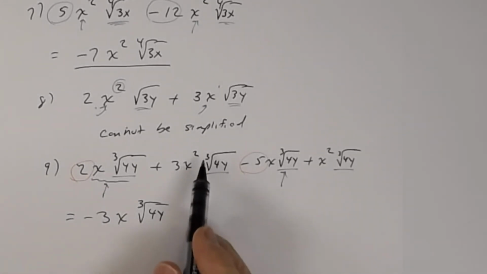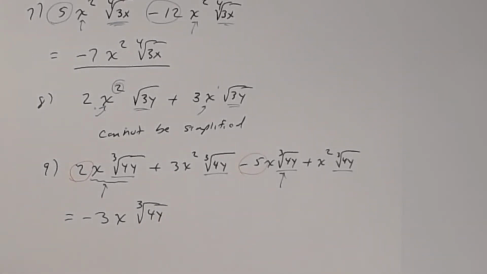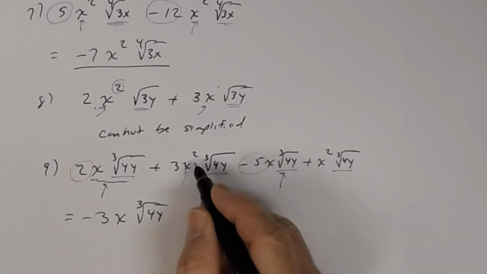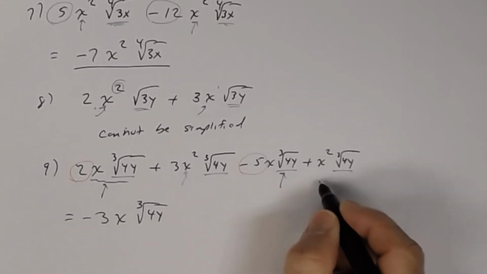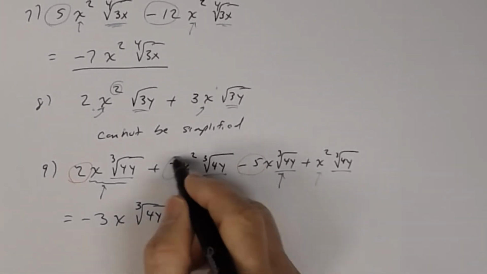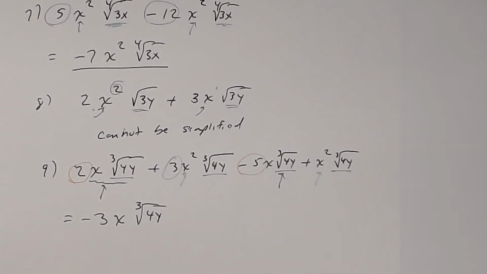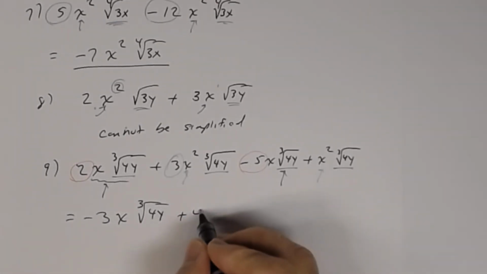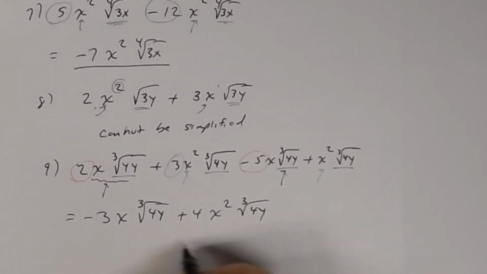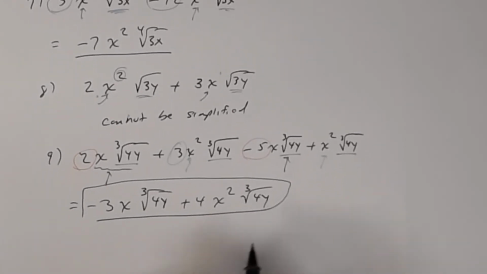Now let's look at this one. So this has x squared. So do y'all agree that this x squared, 2 factors of x, I have the same amount here, right? And so then all I need to do is add 3 and 1. That's a 1 here. So that becomes 4x squared cube root of 4y. Right? And again, if you wanted to put this term first, you could.